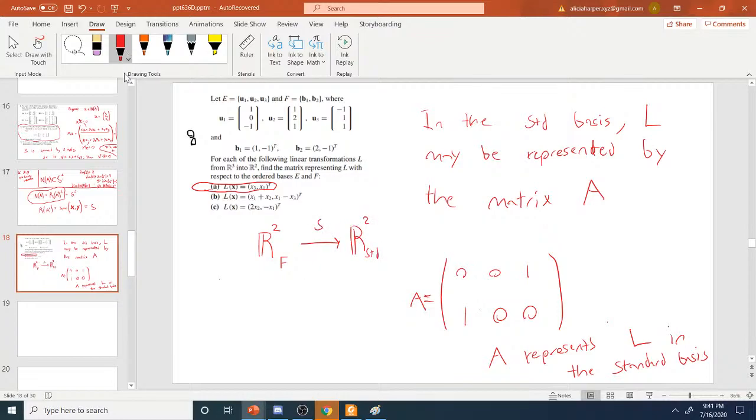So call this S, or actually call it B. This is actually fairly easy because B here is simply going to be, well, you take this, you make it the first column vector, 1, negative 1. You take this, you make it the second column vector, 2, negative 1. And then you figure out what B inverse has to be. Let me think for a second.